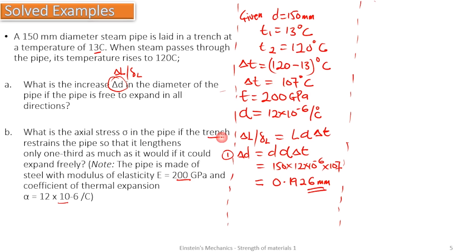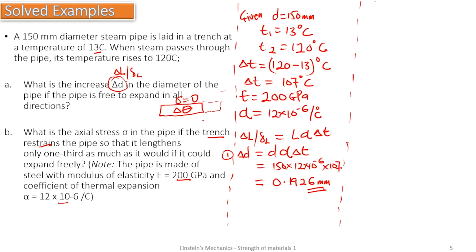If the trench restrains the pipe so that it lengthens only 1/3 as much as it would if it could expand freely. I initially told you, let's consider this bar. If this bar is under the influence of temperature and it is allowed to expand freely without any restriction, there will be no stress. So if the question said it expanded freely, meaning stress induced is 0.